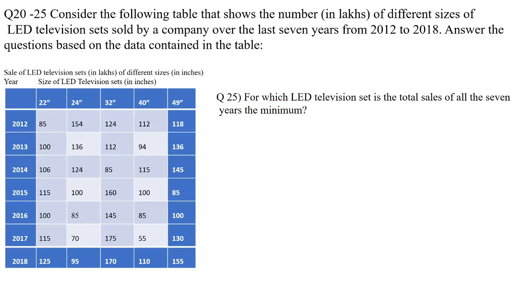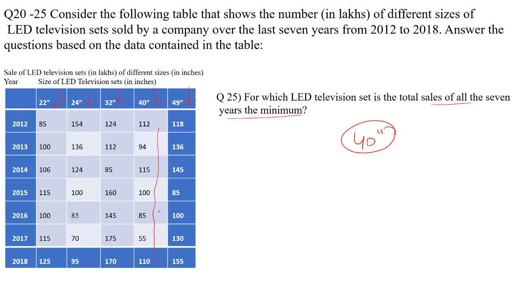Next question, for which LED television set is the total sales of all the 7 years the minimum? So we have to check all the television sets' values and see which is the minimum. As I have discussed with you, here the values are less than 100. Many values are less than 100, so that's why 40 inches is the minimum.